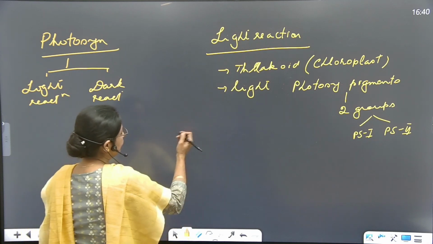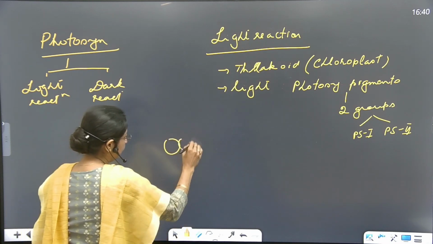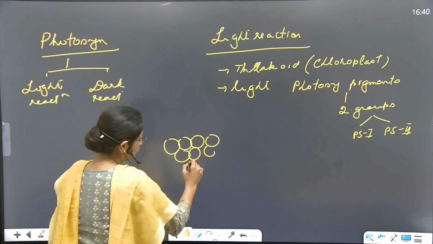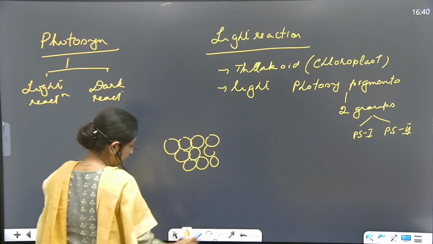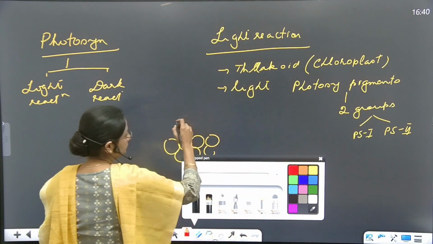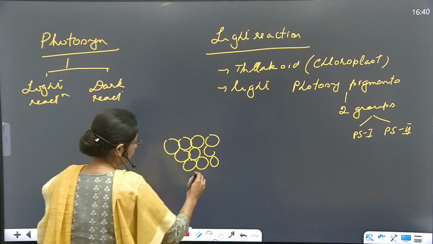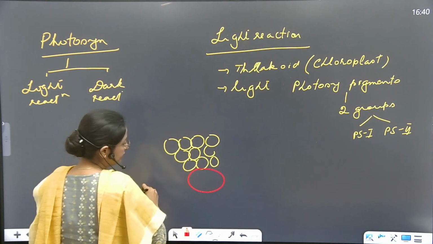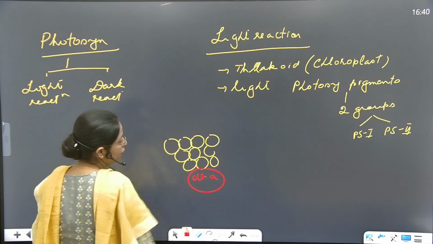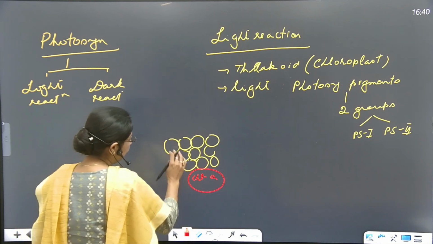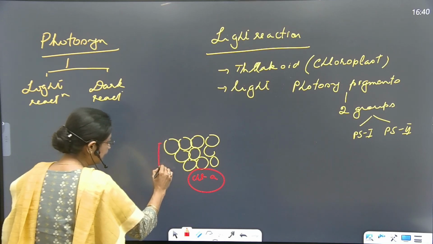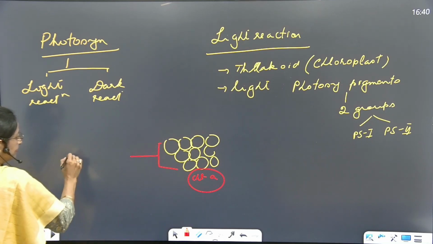The pigments take in light. So we have the pigments, and we have the reaction center, and by now we understand that it is nothing but chlorophyll A that forms the reaction center. What are the others? Other types of chlorophyll plus carotenoids.